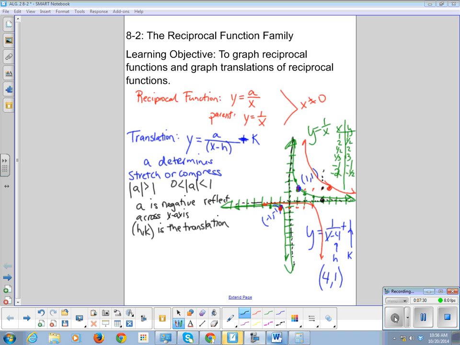That might actually be a better way to graph it. You get a more accurate graph. As you can see, my little red line went wrong here. Let's get him back on track, following that asymptote.